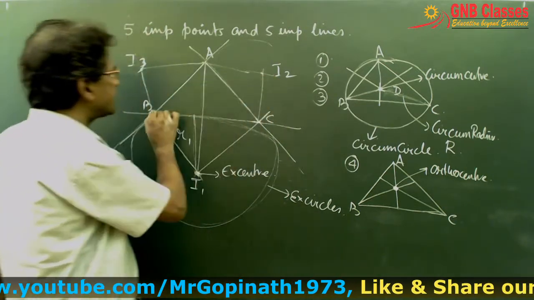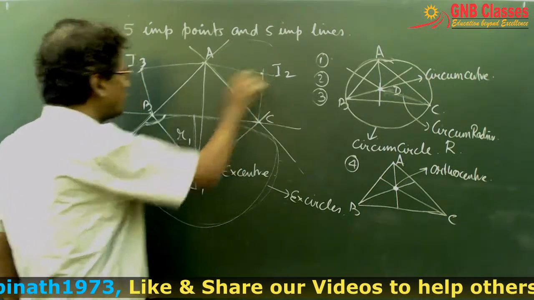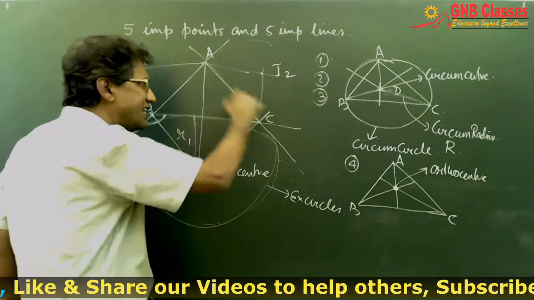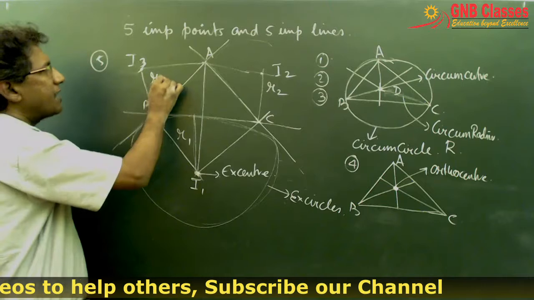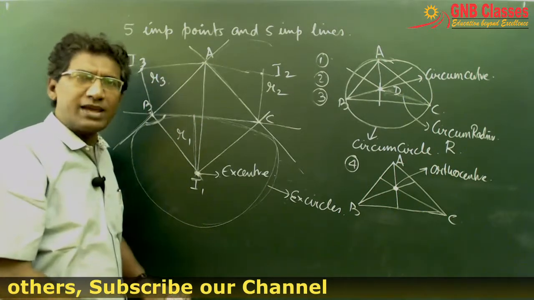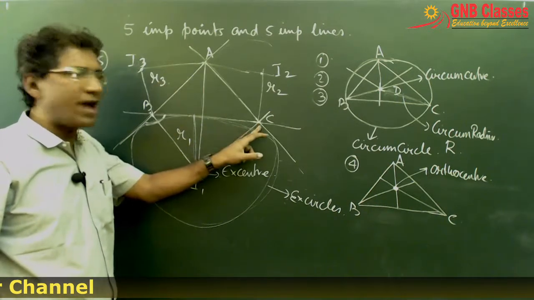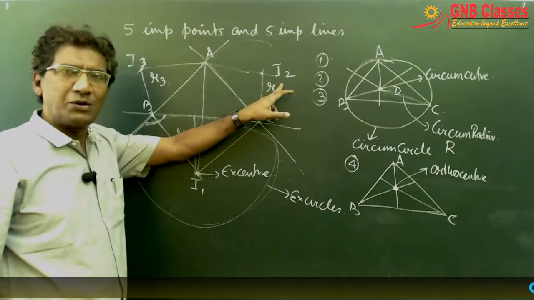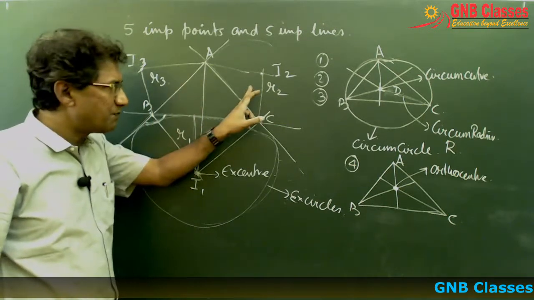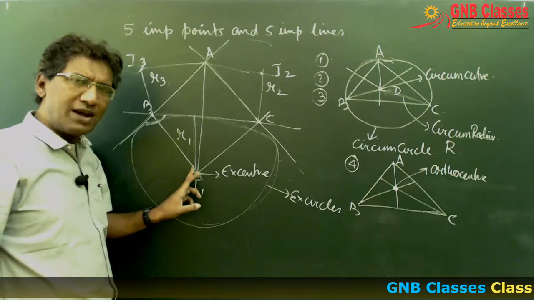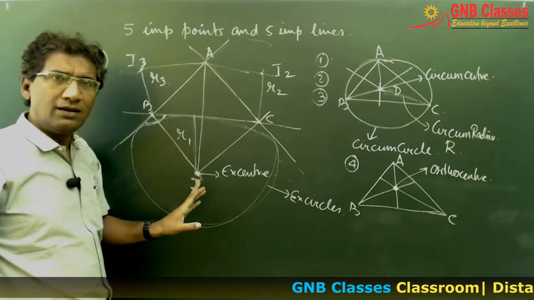For the excenter I2, which is opposite to angle B, the radius of that excircle is generally denoted by r2, and for this one as r3. So r3 is the radius of the excircle opposite to angle C, r2 is the radius of the excircle opposite to angle B, and r1 is the radius of the excircle of the triangle ABC opposite to angle A.